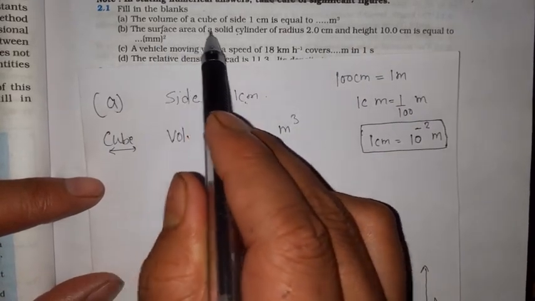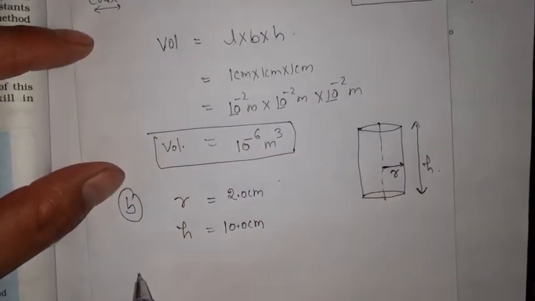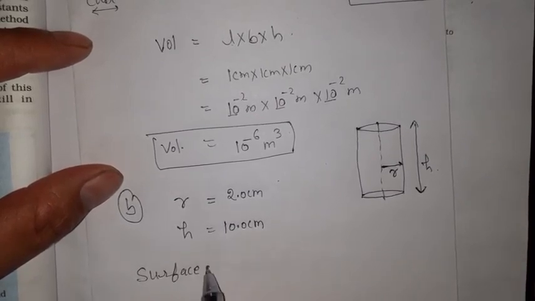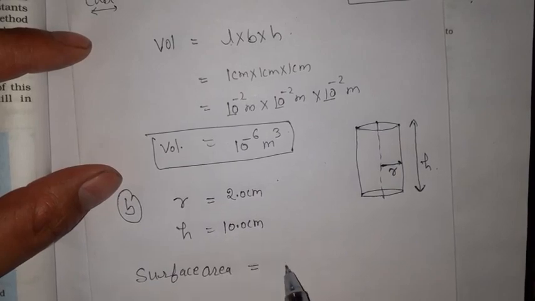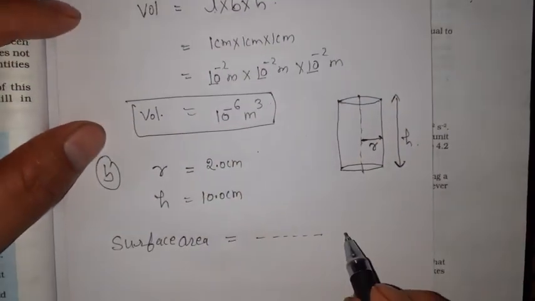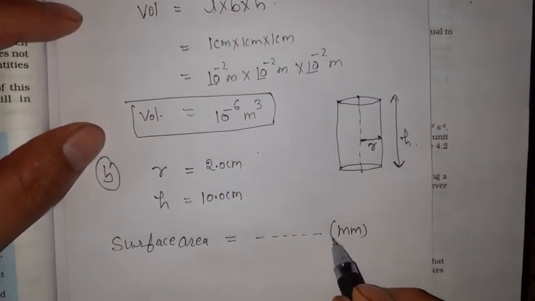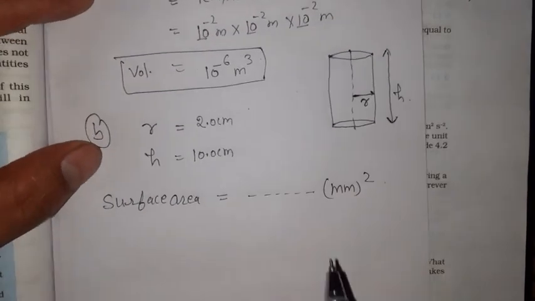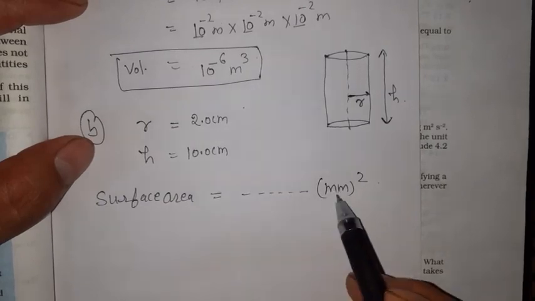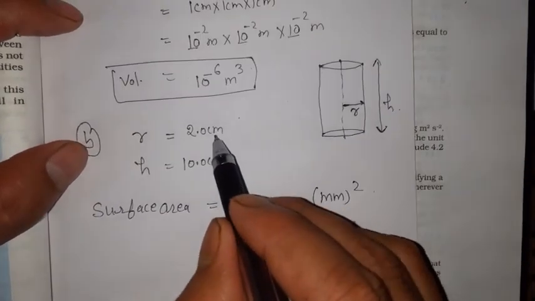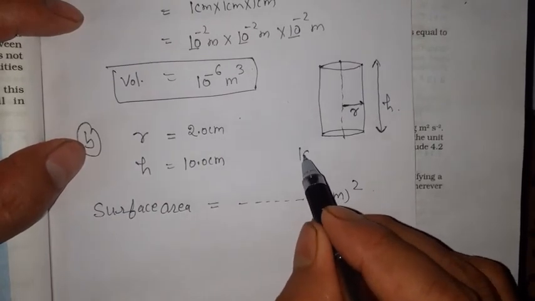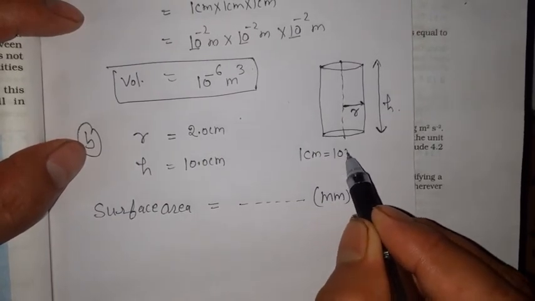We have to find the surface area of the solid cylinder, and they say to give the answer in mm square. So our demand is to first convert all these things into mm, because our final answer is going to be in mm. Thus we have to use this conversion: 1 centimeter equals 10 mm.